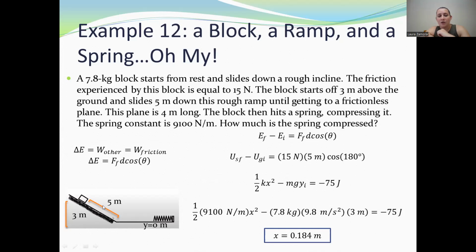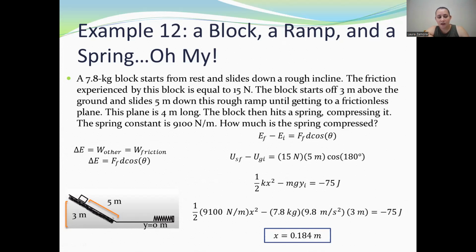And that would mean that all of this energy, except for the energy that's taken away by friction, all of that energy becomes spring potential energy, and we would figure out how much is compressed that way. Yeah, so that's basically what we did in the problem.